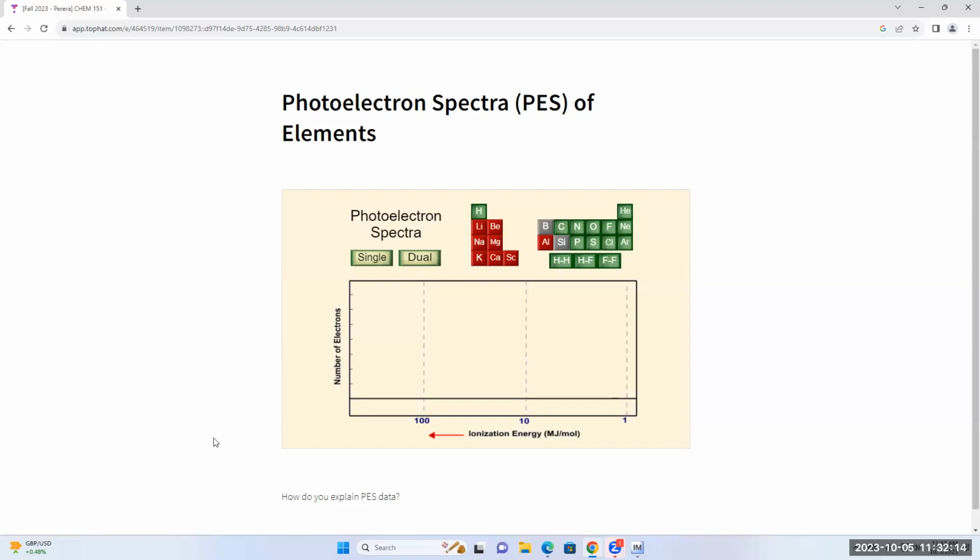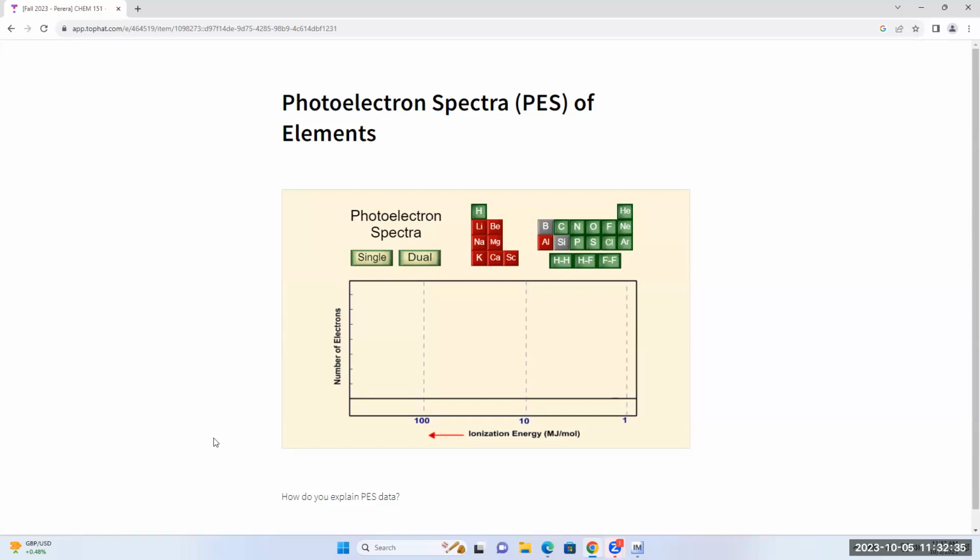Pay attention very closely: the ionization energy increases from right to left, which is weird. You have the higher ionization energies on the left and lower ionization energies on the right, which is reversed with respect to what we are used to.